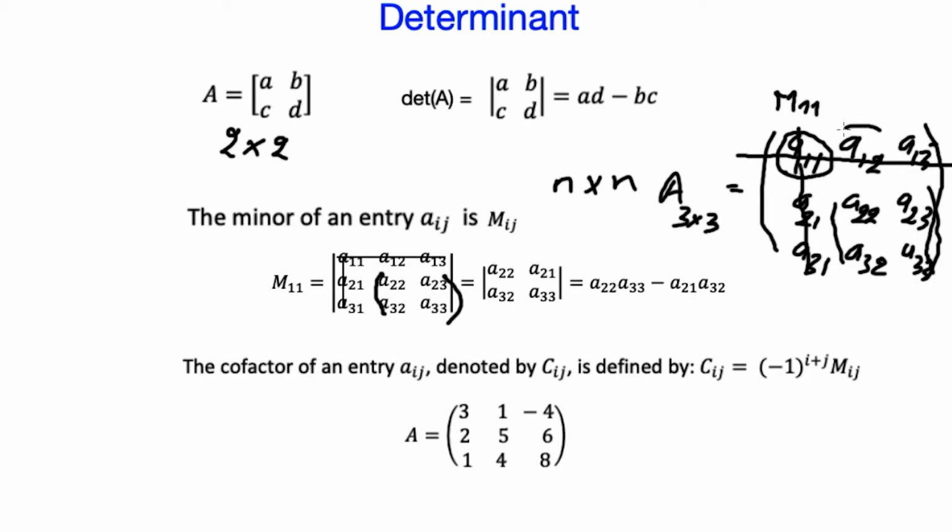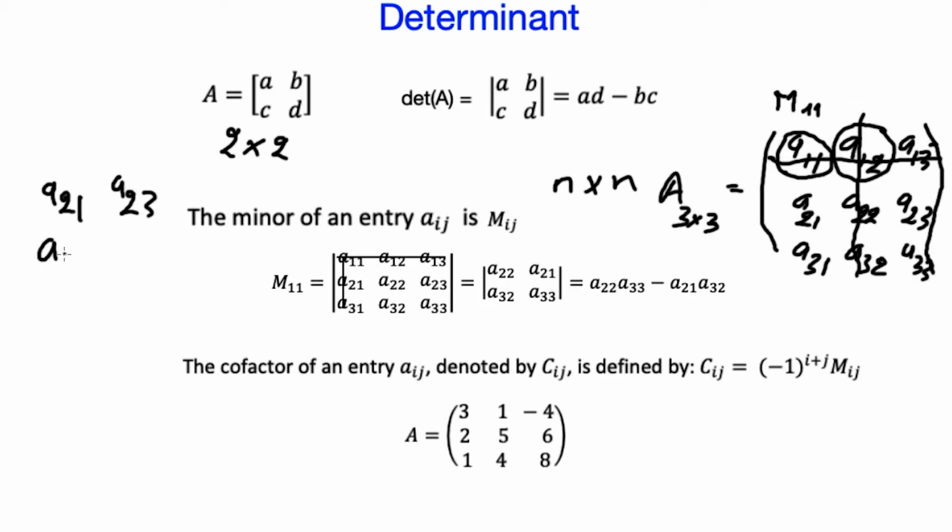And to compute the minor for this entry, for example M12, we need to delete this column and this row. Let me erase this for the M11. So to compute the minor for A12, we delete this column and this row, and we get these entries for a new matrix: A21, A23, A31, and A33.